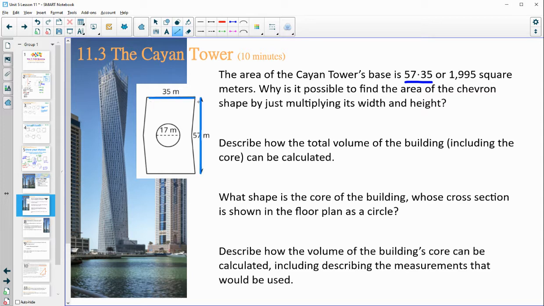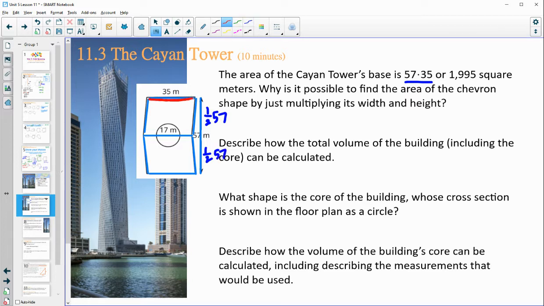So why is it possible to just multiply those two directly? If we look at this, we've got these two kind of parallelograms here put together, and they kind of turn, right? Why can we just do 35 times 57 to get that area? So if you think about this, the height here would be half of 57, and the height here would be half of 57.